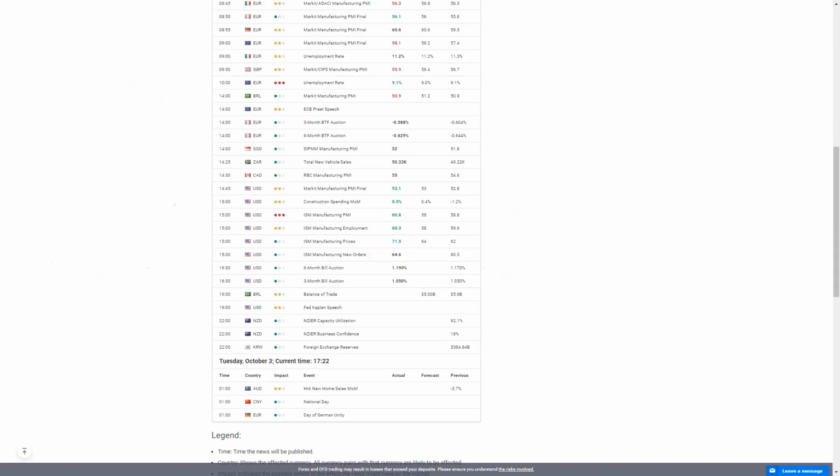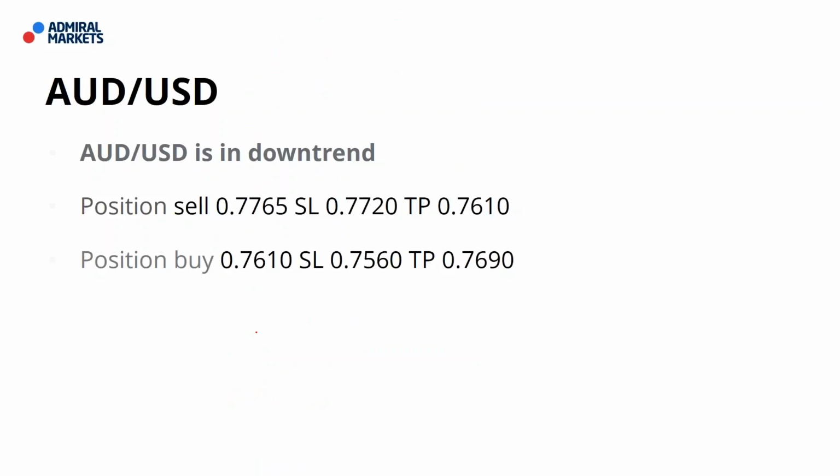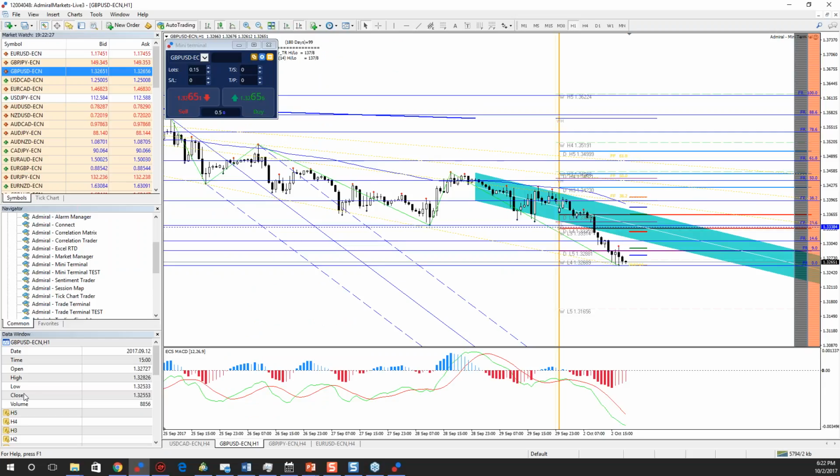Now, the only news that can influence the price, but not that big, is actually new home sales. Yeah, I might have made a typo. Let's see. I will check it now. Australian dollar here.